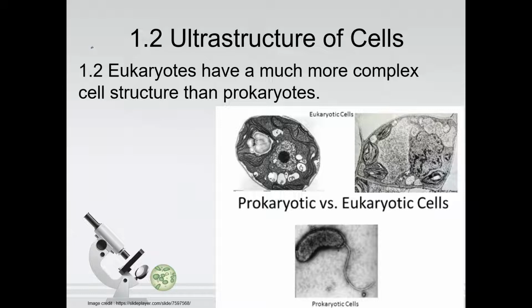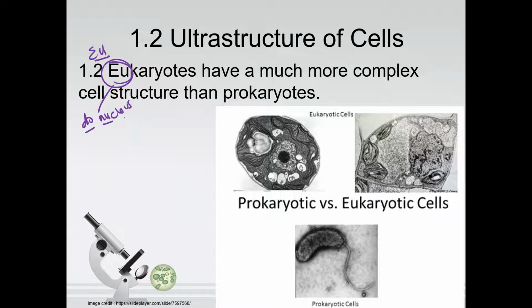So the essential understanding, the big idea that we're going to come away with is that eukaryotes have a much more complex cell structure than prokaryotes. Remember that eukaryotes, U rhymes with do and new. So eukaryotes do have a nucleus.